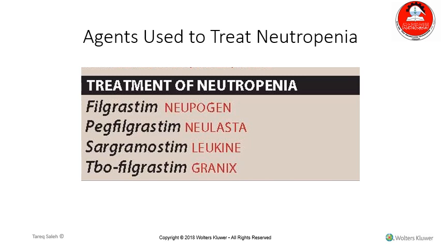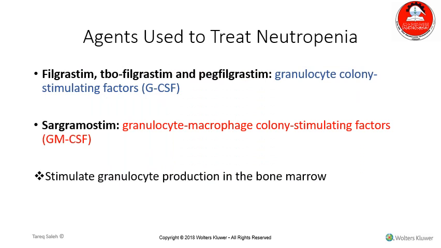Now, moving on, discussing a group of drugs that are useful for the treatment of neutropenia or reduced neutrophil count in the blood. Now we're talking about disorders of white blood cells. There are several compounds that exist for the correction of neutropenia.